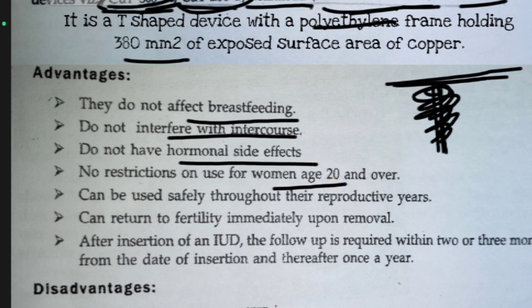There is no age restriction above that, and there is no problem in the reproductive years. It is safe to use at that time also. And at the time of fertility, that is when the couple has decided they need to have a baby, at that time it will be removed. Since it is a temporary method, it can be removed and normal fertilization will occur.